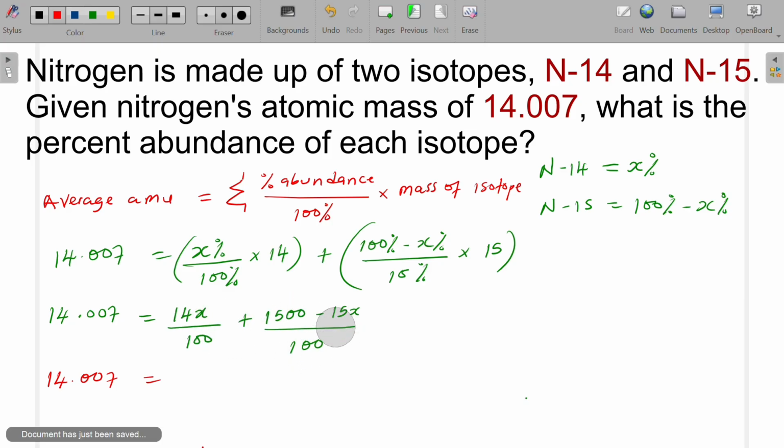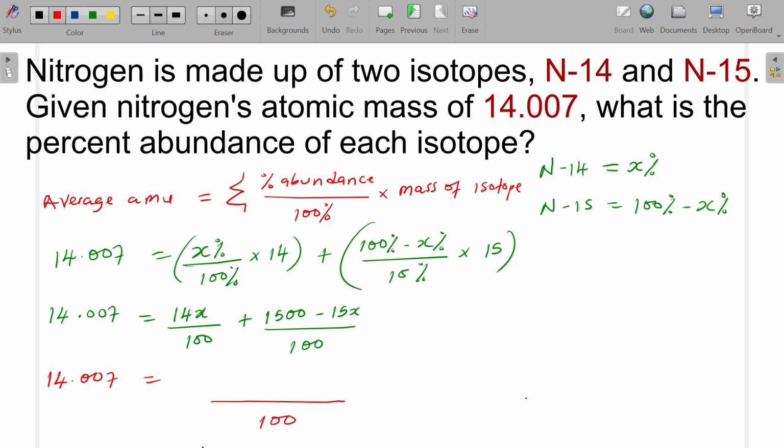So this whole thing, 1,500 minus 15x over 100, is added to what we have here, 14x over 100 as well. So we'll find the common denominator, and lucky enough, it is the same. We have 100 here and we have 100 there. So 100 is our common denominator.